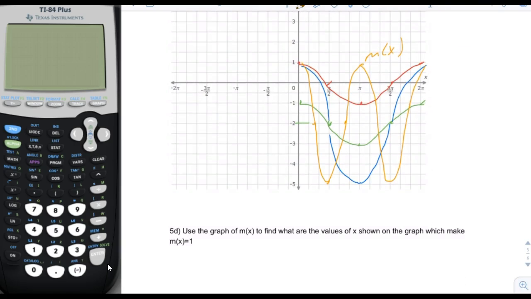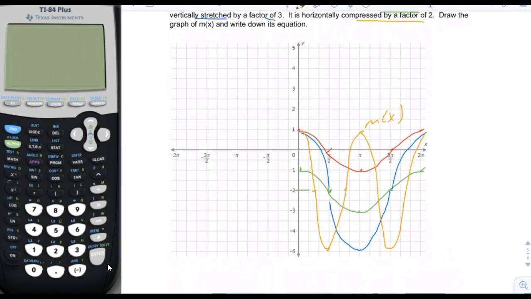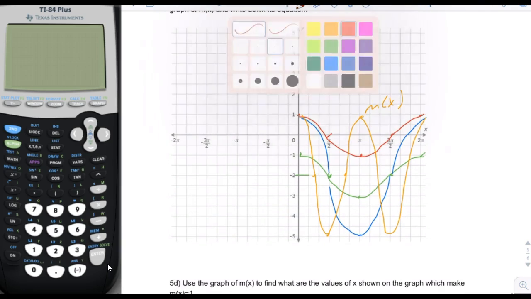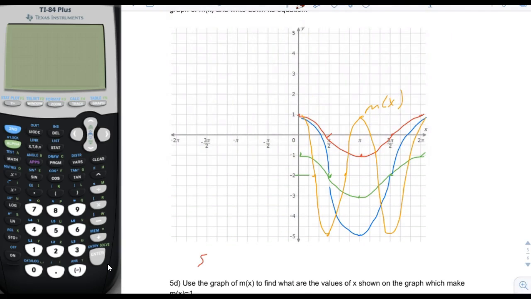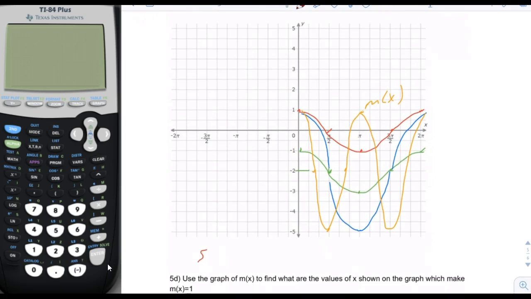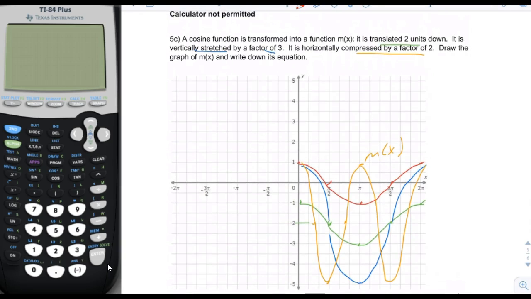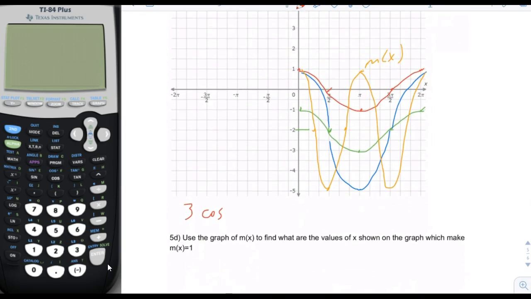Okay, then it says to use the graph of it. Oh, we still need to write the equation. So the equation for this is going to be something like: it was vertically stretched by a factor of 3, so the a is going to be 3. Then it's going to be cosine, right? And then the inside of cosine, you're going to have 2x, because it's horizontally compressed.